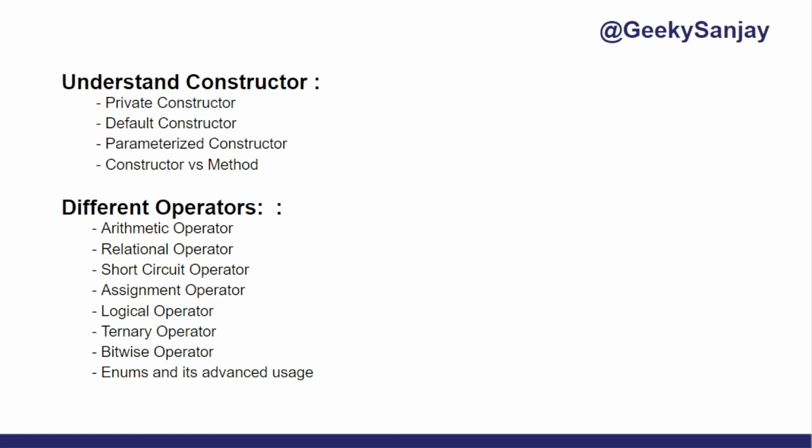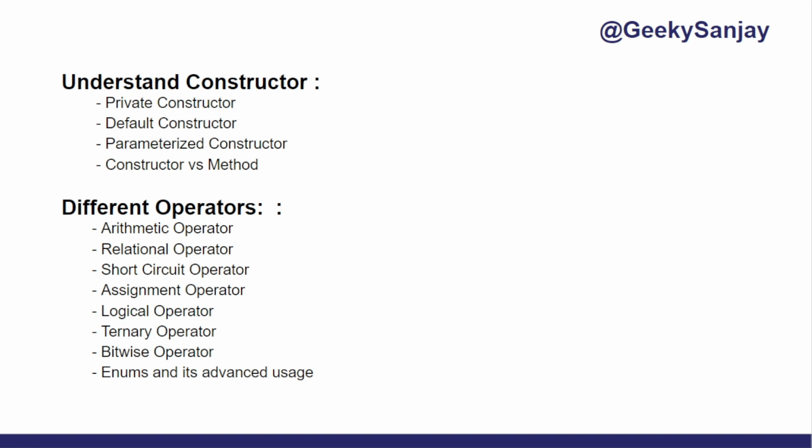Whenever we learn about enum, we have an advanced use of enum, because currently you use it only as a keyword. But I explain in detail in the notes that you can also define methods in an enum. And whatever methods you define, they belong to every constant. So every enum constant behaves like an object of that enum class.